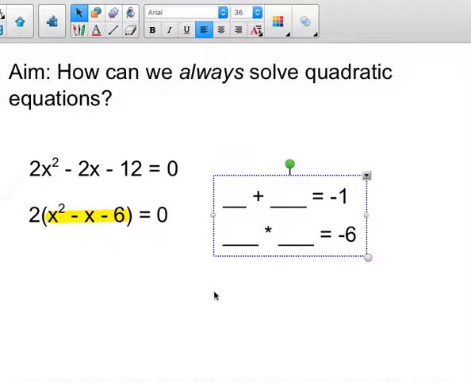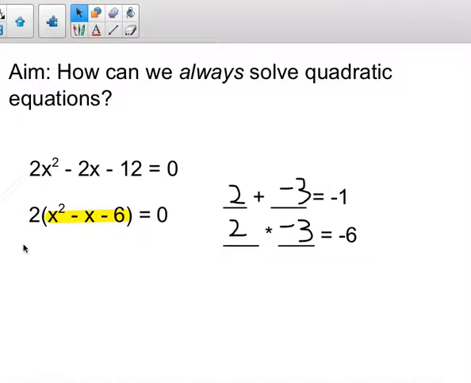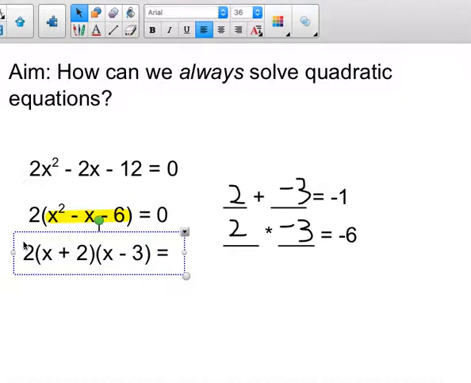If I think about that for a moment, that's a 2 plus negative 3 equals negative 1, and 2 times negative 3 equals negative 6. Great, so I can rewrite this as 2 times (x plus 2) times (x minus 3) equals 0, and I've got it fully factored.